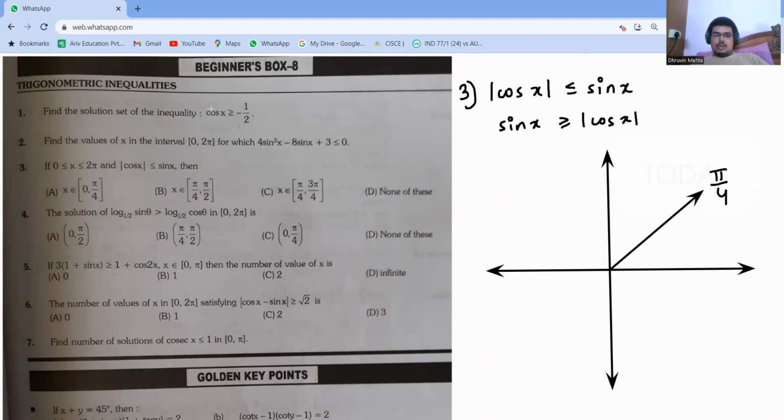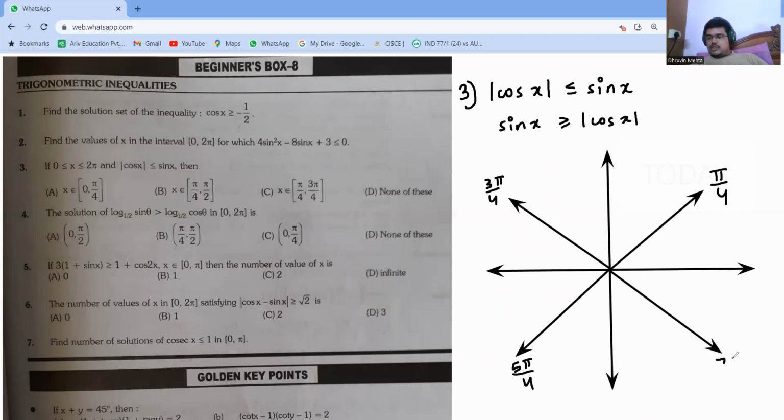In the second quadrant, what will that angle be? Pi minus pi by 4, so that is 3 pi by 4. In the third quadrant, pi plus pi by 4, which is 5 pi by 4. And this is 2 pi minus pi by 4, which is 7 pi by 4.